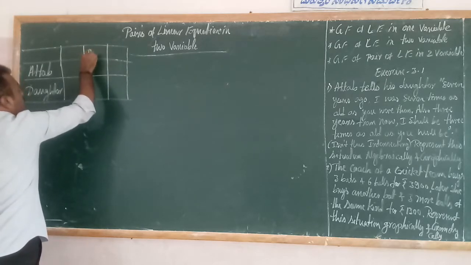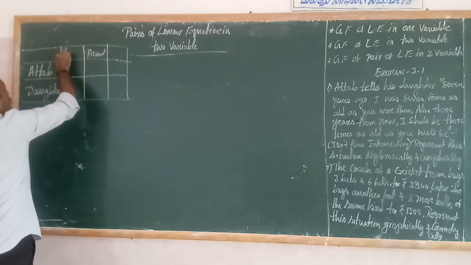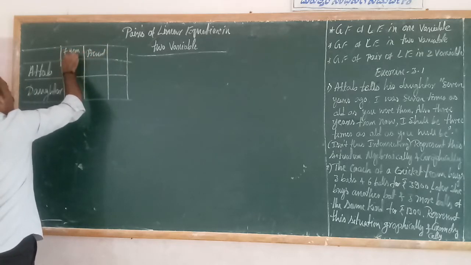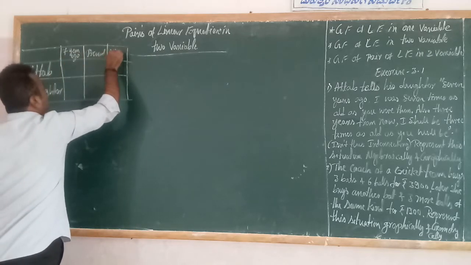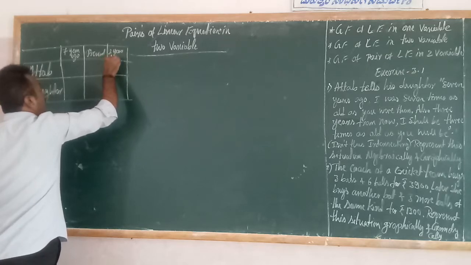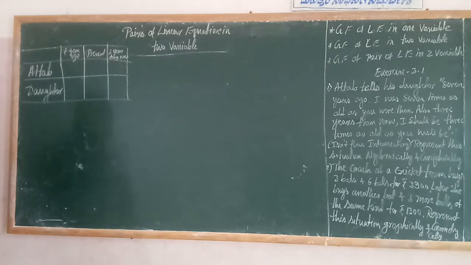This is the present age. This is 7 years ago. Ago means in the past. This is 3 years after, or from now. So 3 years from now or 3 years after, both are the same, students.